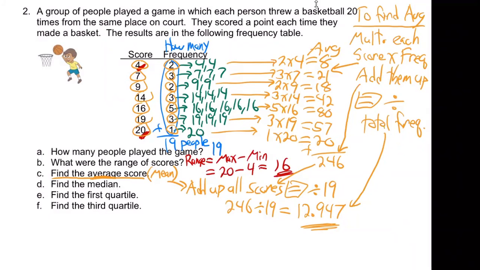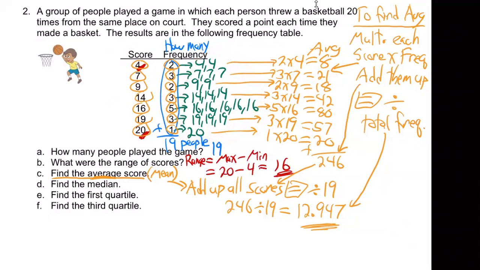So does everybody see that that works? That's the same thing as doing a normal average, right? Except it's how you do an average for a frequency table. It's the same thing as adding all these numbers up. We just did it by multiplying.